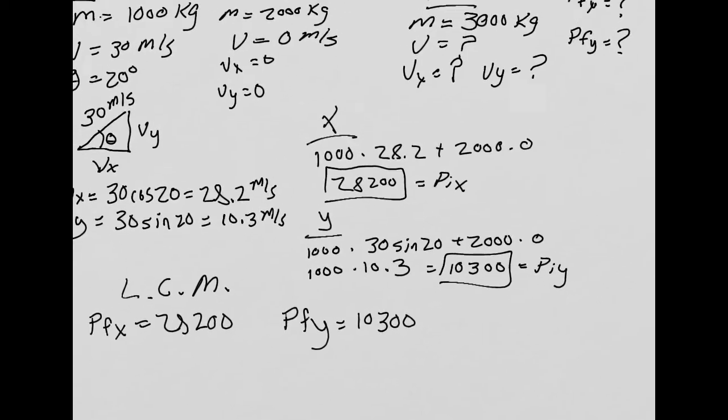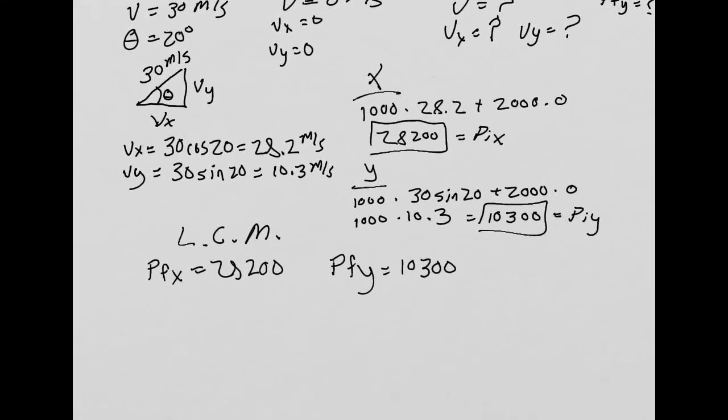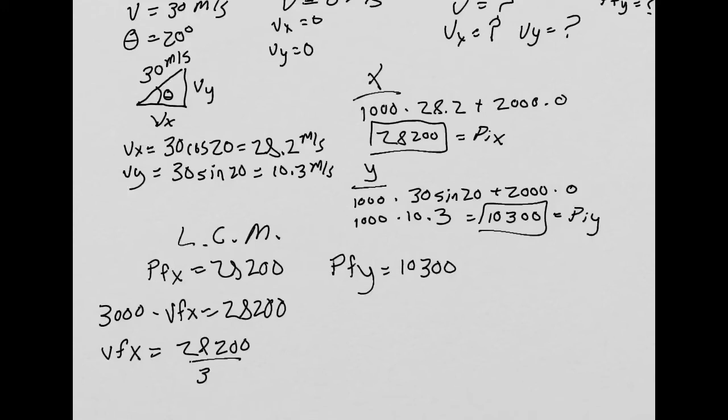That's the mass final, which if we go back here is 3,000, times Vfx is 28,200. So Vfx is 28,200 divided by 3,000, which if we go to our calculator is 9.4 meters per second.